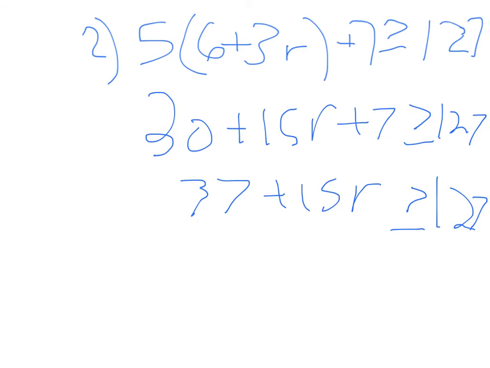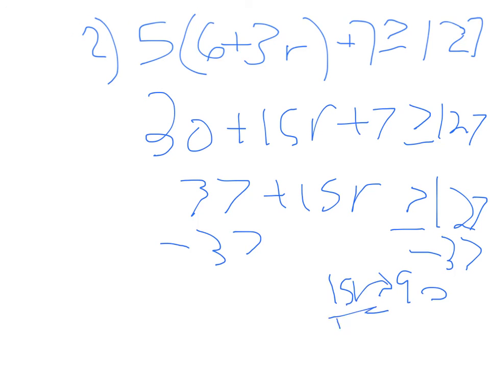127. So we're going to minus 37, and the answer will be 90. So we divide both sides by 15, and the answer will be r is greater than or equal to 6.